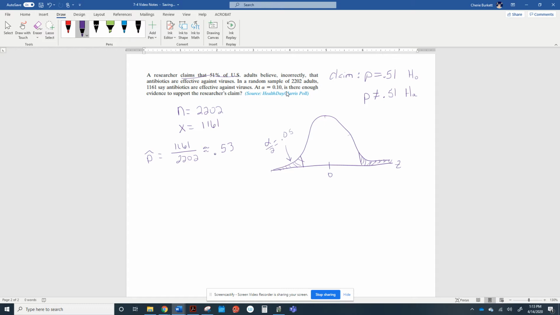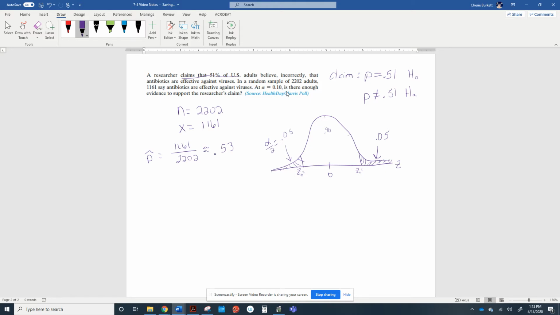We've got 0.05 right here and 0.05 over here, and the total shading is 10%. So that means that this part in here is 90%, not that it matters. So we need a critical value right here, and we need a critical value here, and this will be the same critical value, just positive.